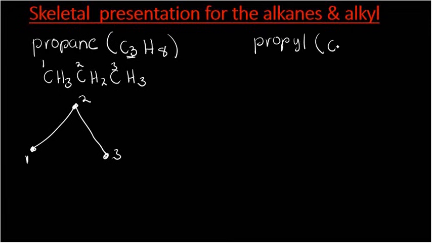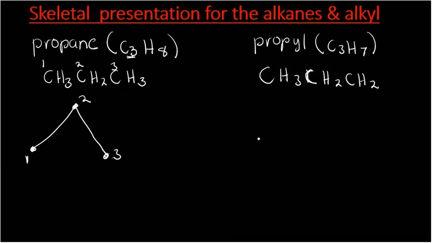Now, when it comes to this side, propyl is what? C₃, then H₃, like that. So the condensed structure, it is C₃, C₃H₁₂, then C₃H₁₂.